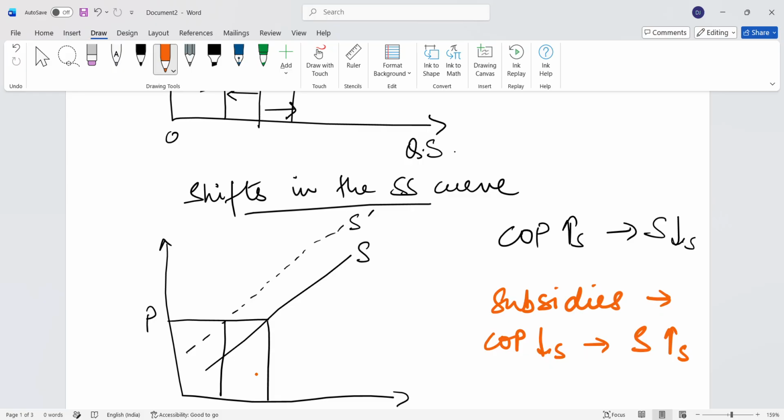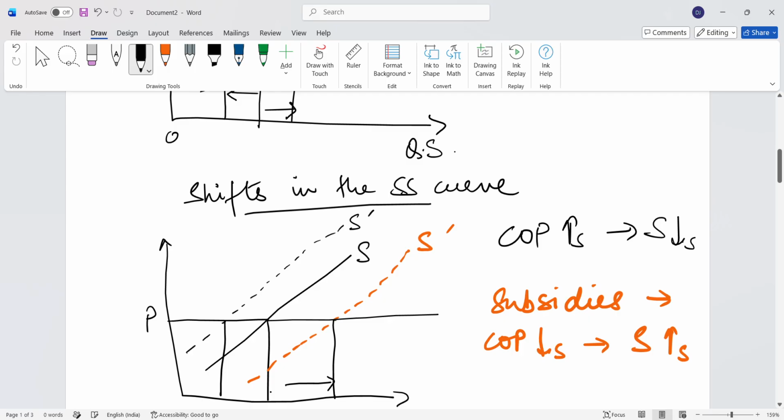If the supply increases because of any other factors but price, then it would shift towards the right. It will be a parallel shift, though my line is not parallel to the original one, at the same price level. So the supply has increased.